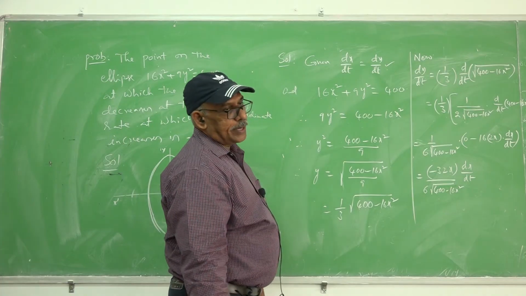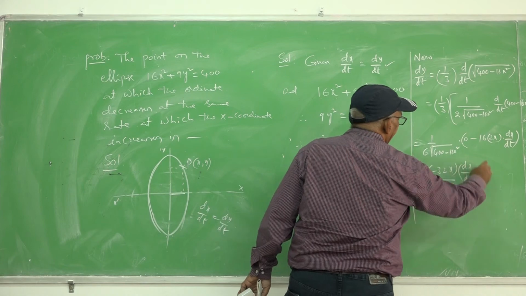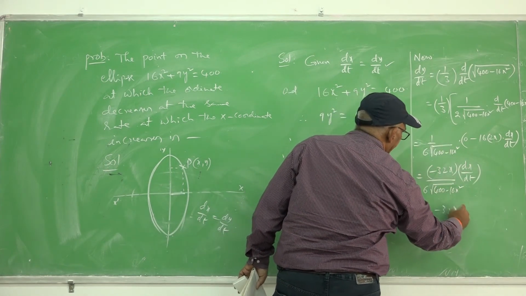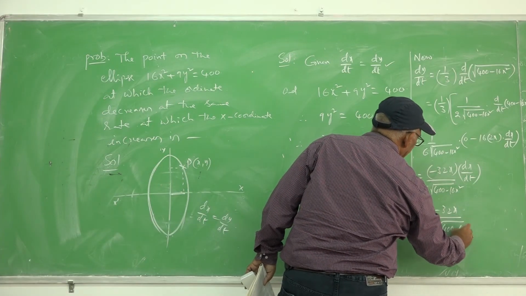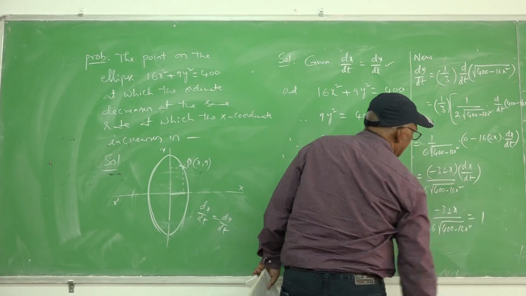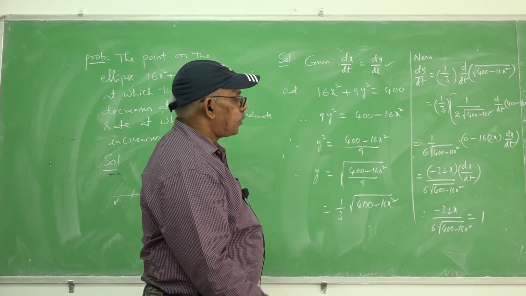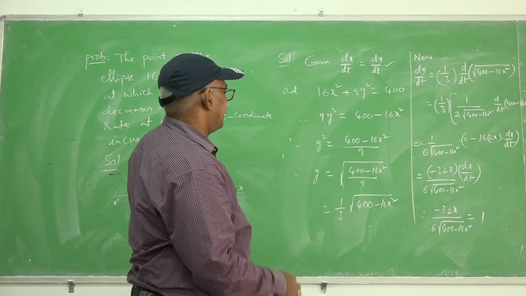This is dy by dt, but dy by dt is dx by dt, so you can cancel these two, hence minus 32x by 6 into square root of 400 minus 16x square takes the value 1. Based on that, you can find x. Once you get x, you can get y.